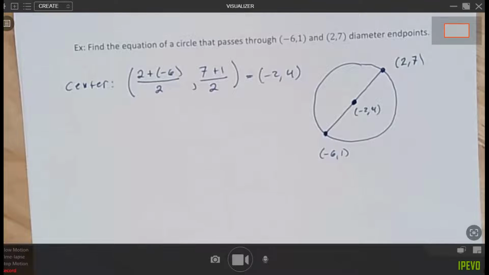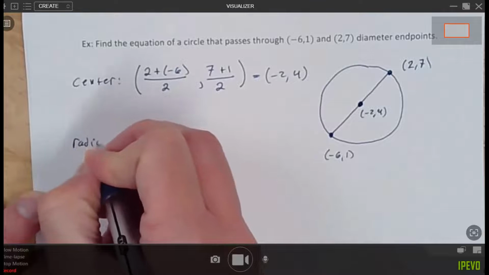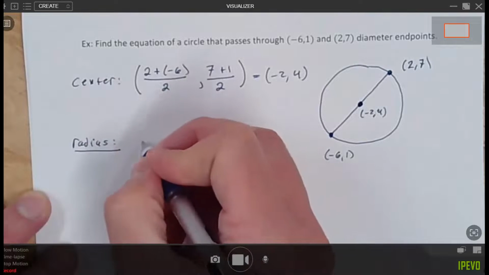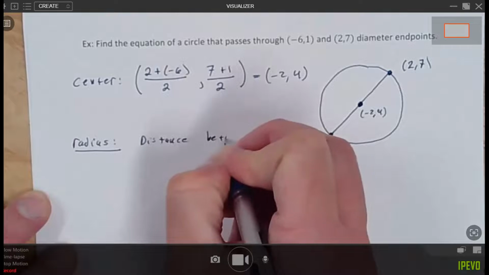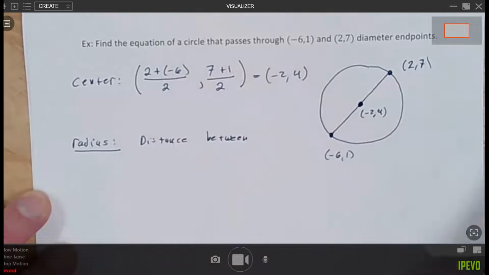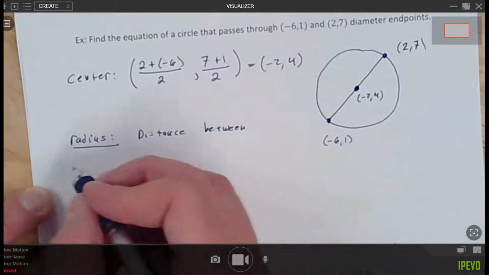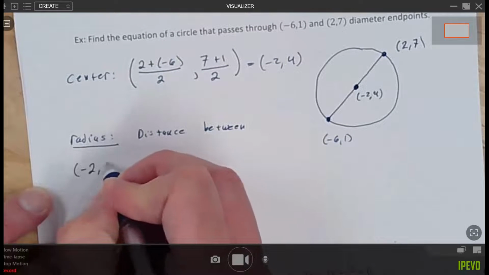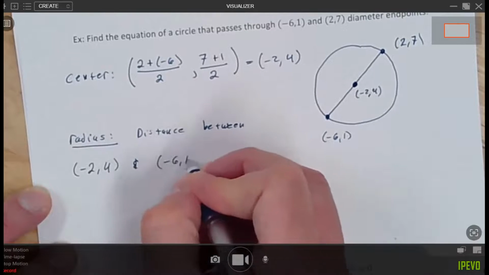Since we found the center, I feel like that's the more normal way of doing it. So if I'm going to find the radius, it's going to be the distance between, and it really doesn't matter which of the 2 endpoints I pick. I'm going to use the center, -2, 4, and the other point, -6, 1.